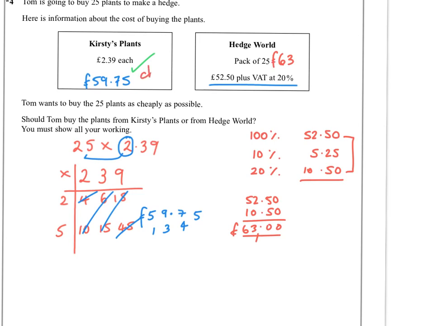So Kirsty's plants would be cheaper, and you'd probably write that in a sentence instead.